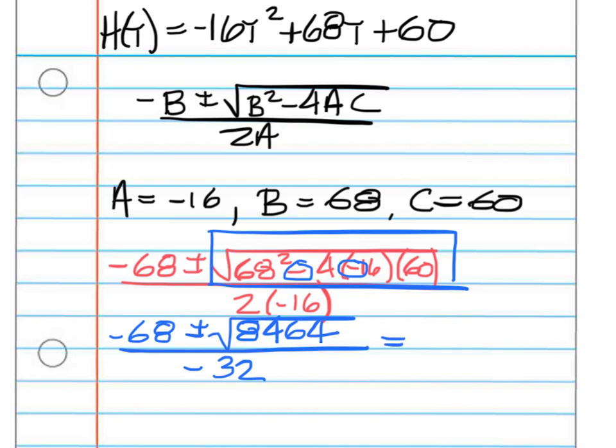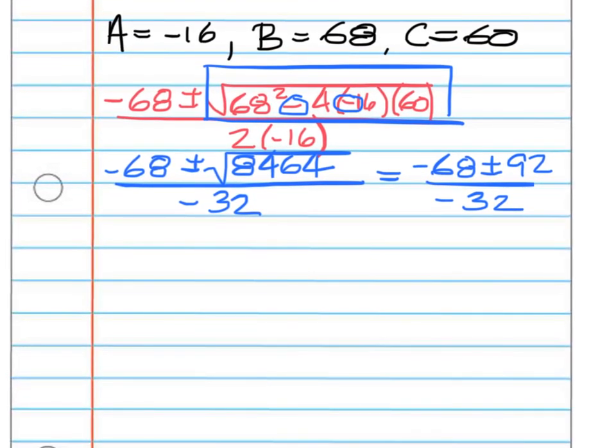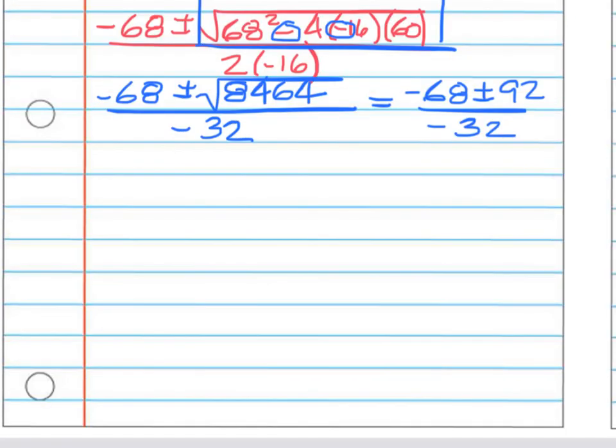We can simplify that a little bit by finding the square root of 8464. And what is the square root of 8464? 92. So now we have negative 68 plus or minus 92 over negative 32. And we have those two problems to do in order to figure out what the two answers will be.